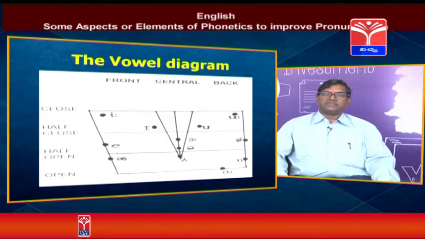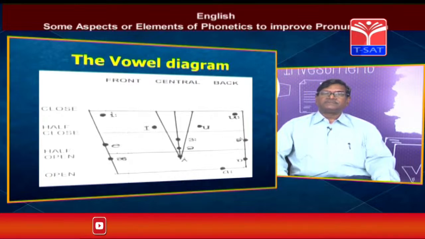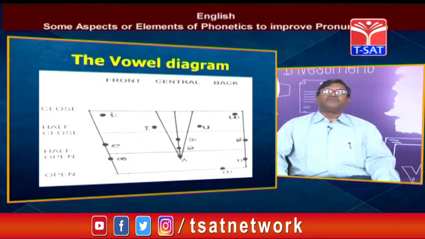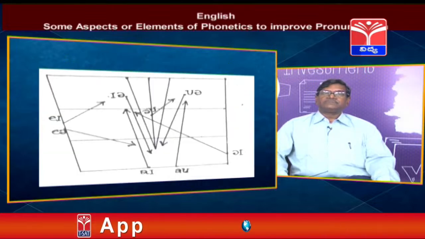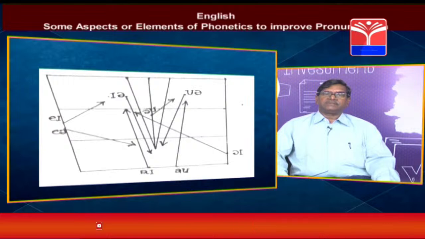The part of the tongue which moves up and down is taken into consideration in going for this vowel diagram. When we say E, it is the front portion, not the tip of the tongue.